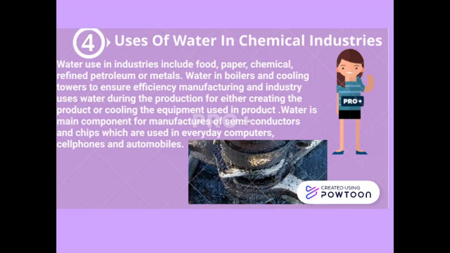Water is a main component for manufacturers of semiconductors and chips. Obviously, not the eating chips. These chips are the ones used in our everyday computers, cell phones, automobiles, smartphones, tablets, iPads, laptops, etc.